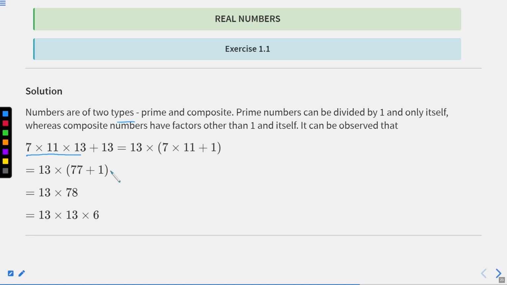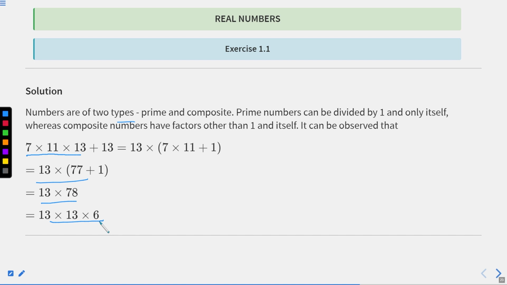Here it can be observed that 7 into 11 into 13 plus 13 is equal to, actually 13 is common in both terms, so we can take it common. So this is equal to 13 into (7 into 11 plus 1), which is 13 into (77 plus 1), which is 13 into 78, and this is equal to 13 into 13 into 6.